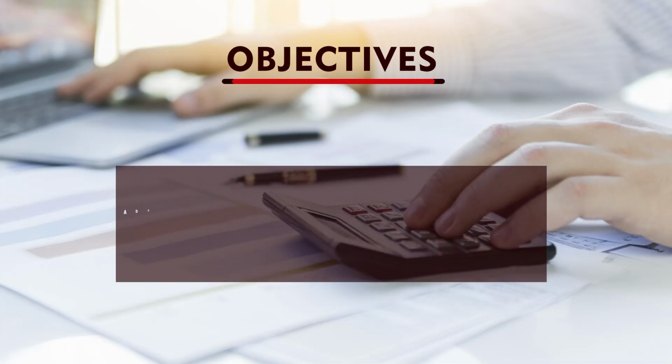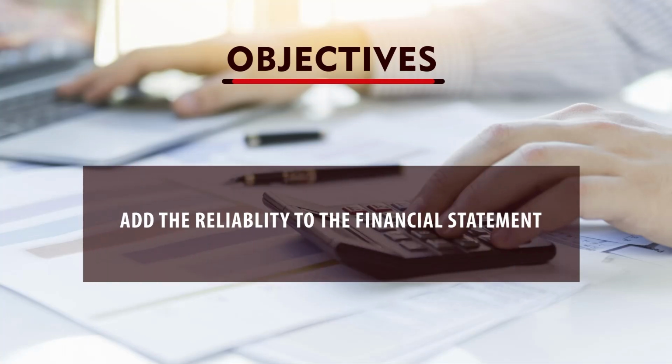Then the next one is add reliability to the financial statements. Well, friends, when we talk about accounting standards, we all know that accounting standards have been formulated in order to bring uniformity, reliability, and comparability in recording the business transactions and in the preparation of the financial statements.